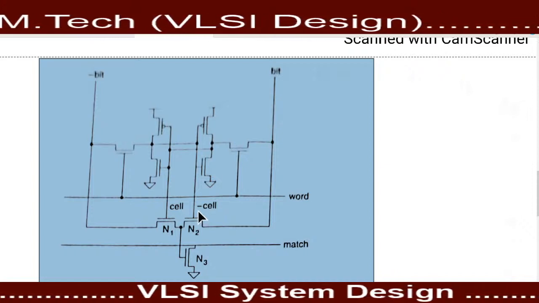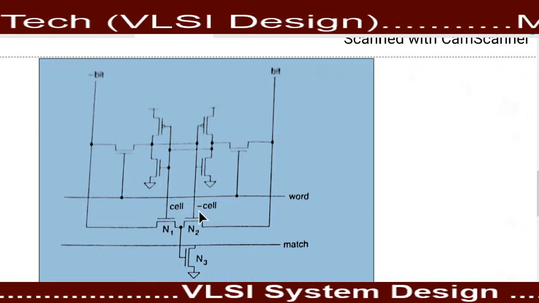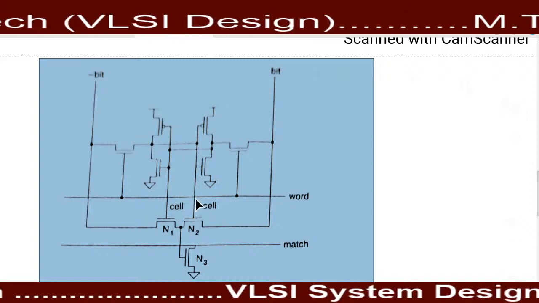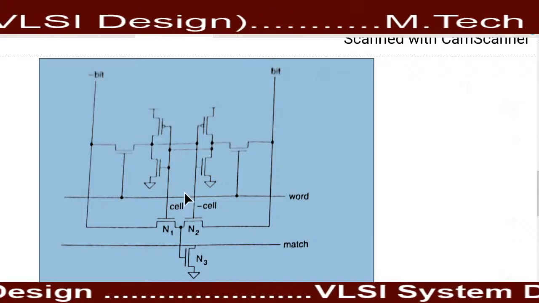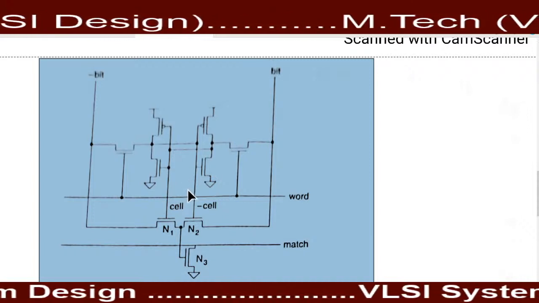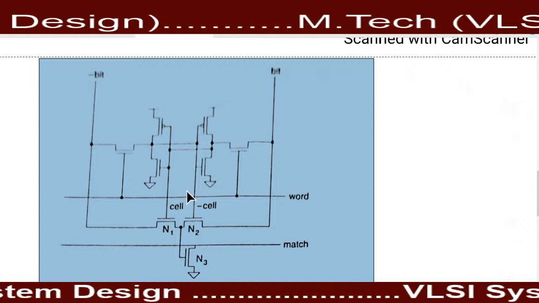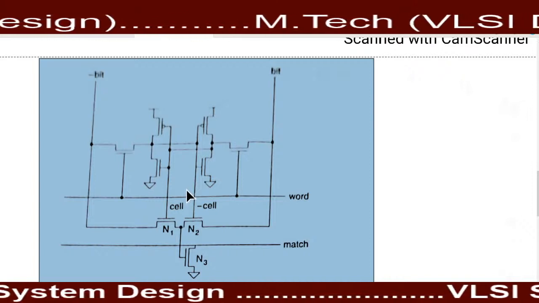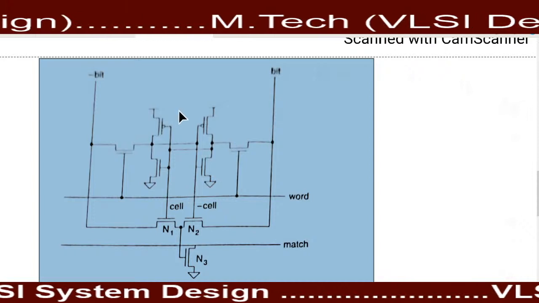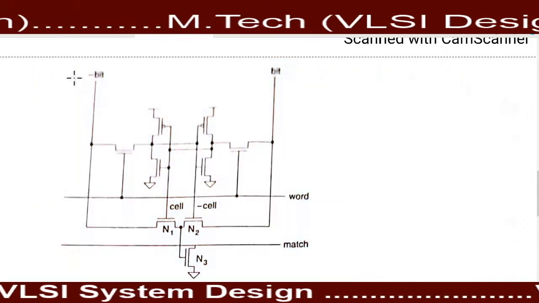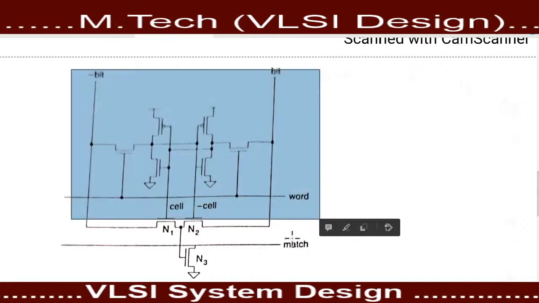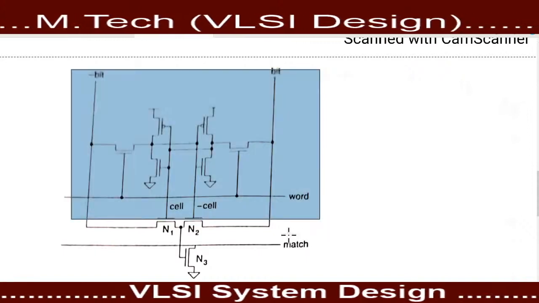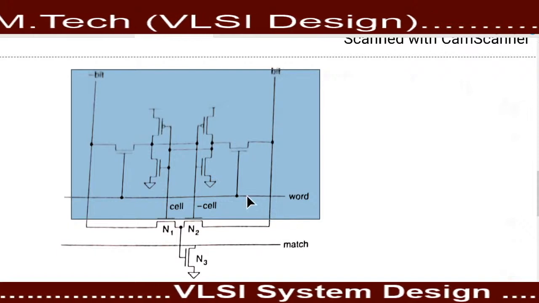Before this topic, we already discussed the RAM memory, and in that portion we studied how the read operation is performed in a RAM cell and how the write operation is performed in a RAM cell. The same feature is also available in the CAM memory, because the upper portion of this CAM memory cell is the same as the RAM memory cell.